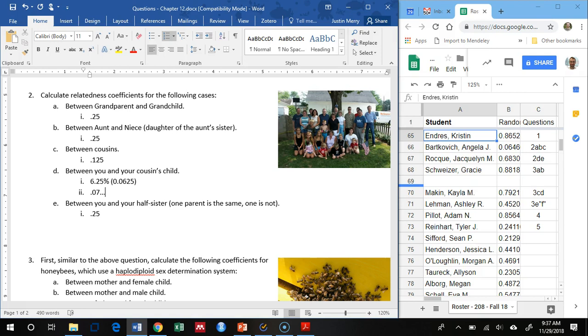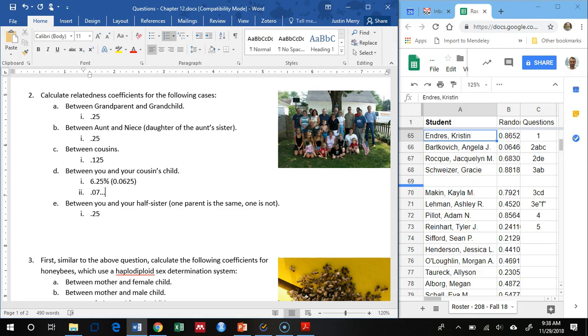And then we're trying to go to our cousin's kid, so this person has to mate. So we're making another one. Let's make this one male just for variation. That's another 0.5. So if this is you, that's your parents, this would be your aunt and your uncle, this would be your cousin, and this would be your cousin's kid. So we've got all these different steps.